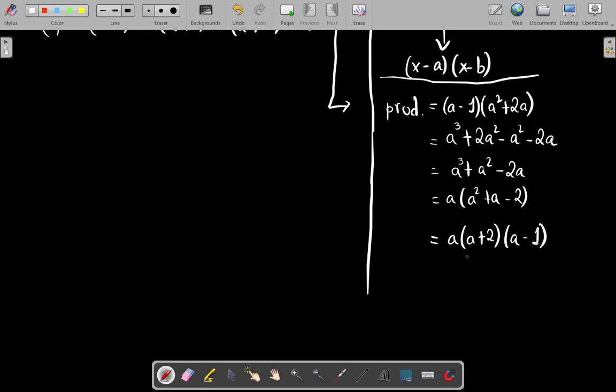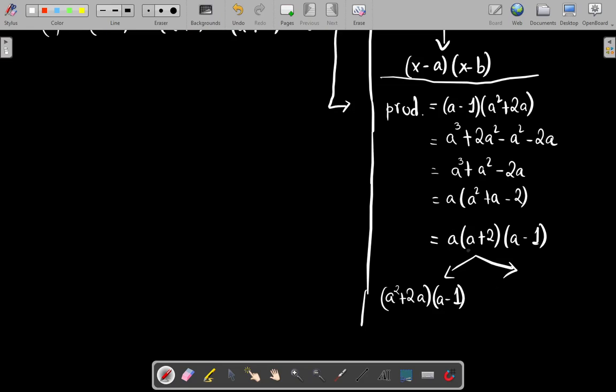If I plug this a into either this or this bracket, I can get two options of factors. One option can be (a² plus 2a) times (a minus 1), where I plug this a into the first factor.